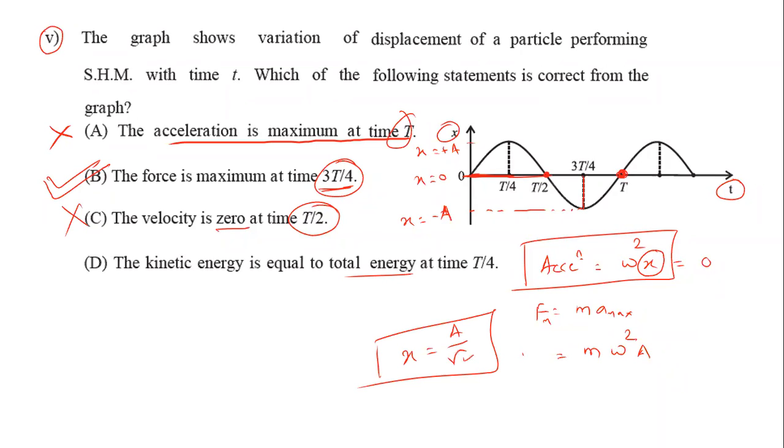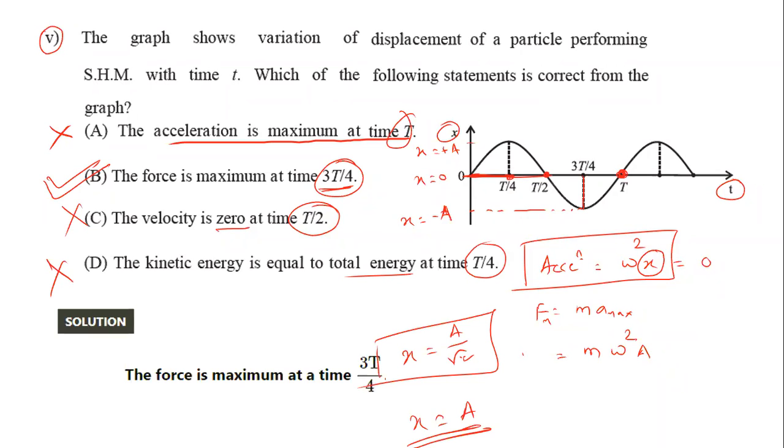When we learn the graph, that time we derive this. So at T by 4, you can see here, x is equal to a, so kinetic energy and potential energy are not equal. So this option D is also wrong. So the correct option is option B, force is maximum at 3T by 4.